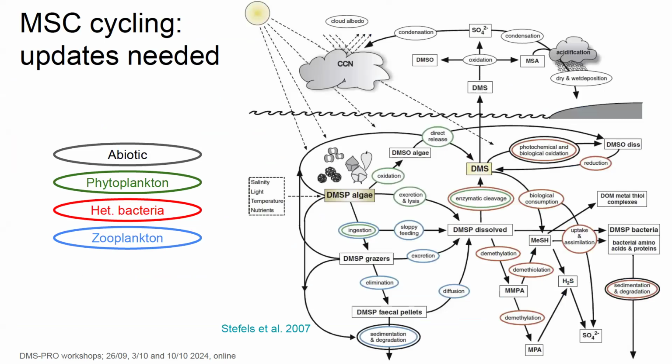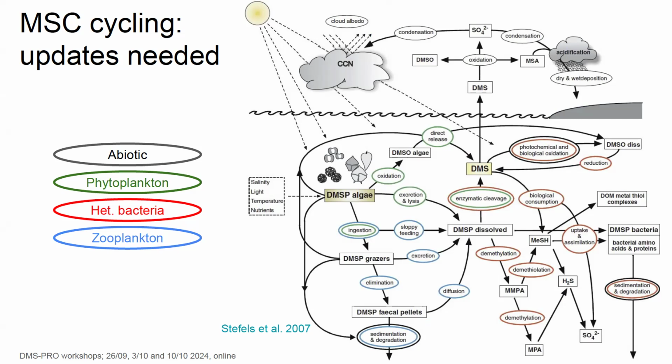Great. So many or most or all of you are probably familiar with this entangled scheme of the several cycling pathways of the methylated sulfur compounds and their related metabolites, some of which are not here, like acrylate. This was from a review by Jacqueline Stefels, our speaker today, back in 2007.